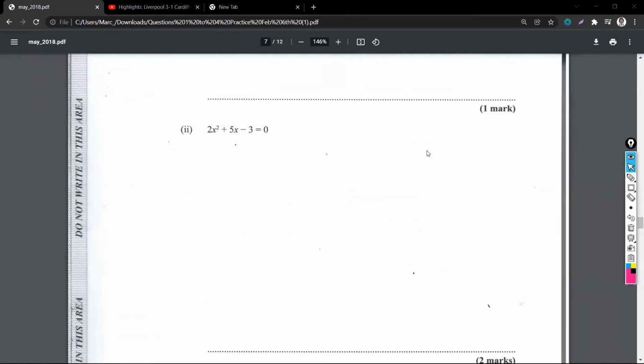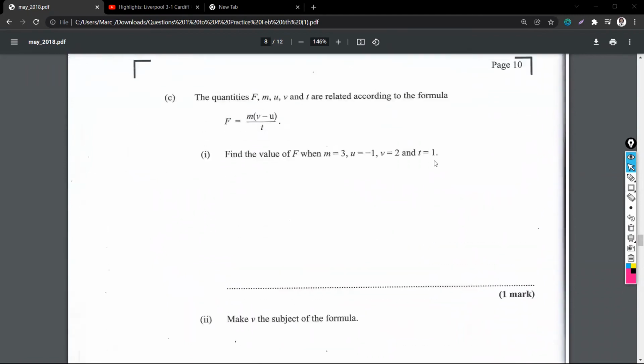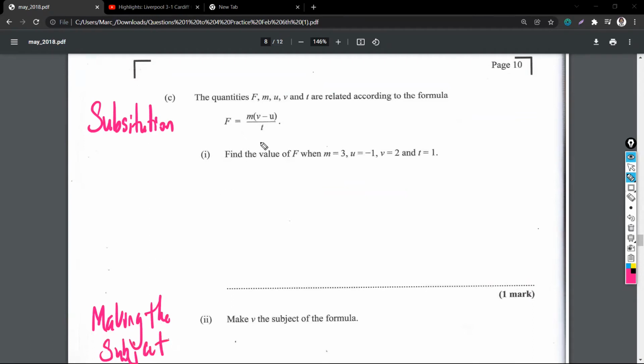So, boom. We've finished that question. Let's move on to this one, guys. This is a making the subject of the formula and substitution type question. Substitution is the first one, and the other one is making the subject. This is pretty easy though. It says F is equal to M times V minus U over T, and the V minus U is in a bracket.